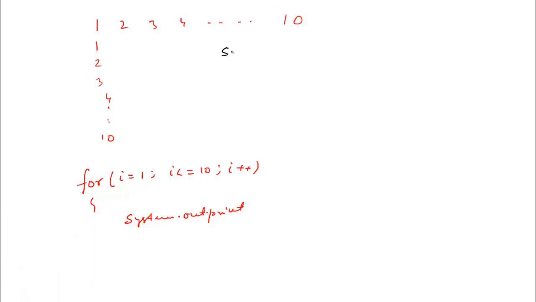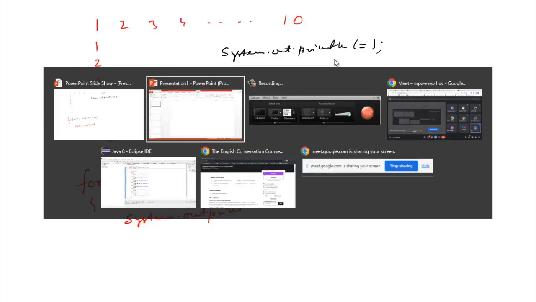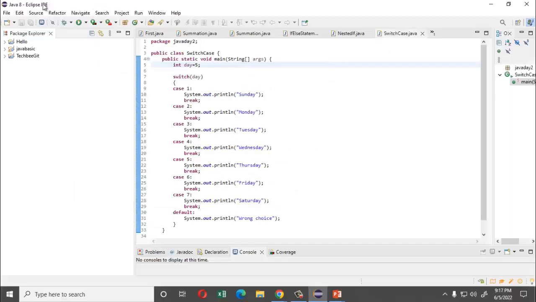So here when I write System.out.println, it will print something in the next line. So I will give one demonstration here, because some of you are very new here. Let's come to Eclipse here. So I'll create the package here for the third day.